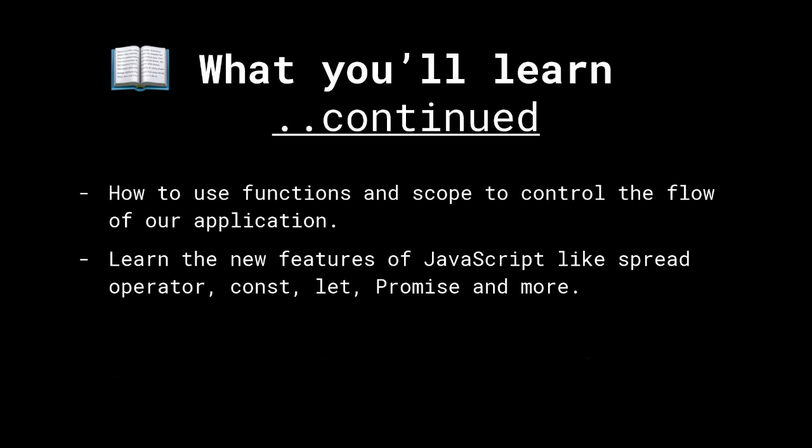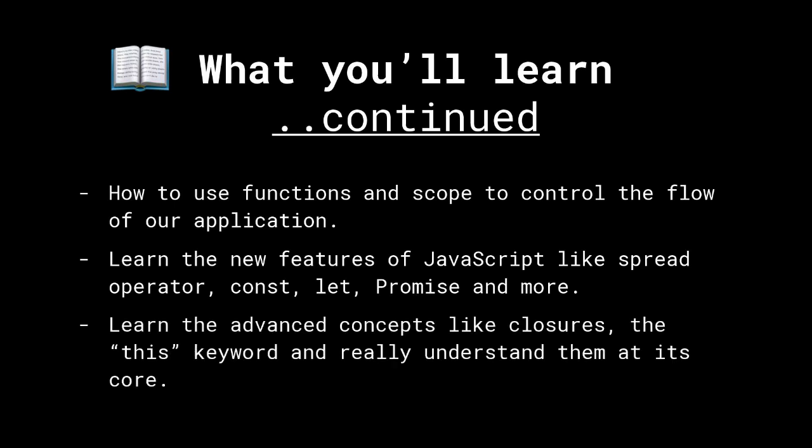We will learn how to use the new features of JavaScript like the spread operator, const, let, promise, and much more. We will learn the advanced concepts of closure, the this keyword, and really understand them at a very core level so you are actually a good developer.